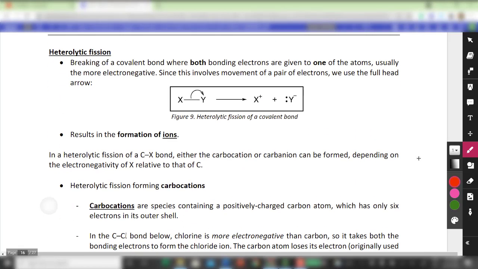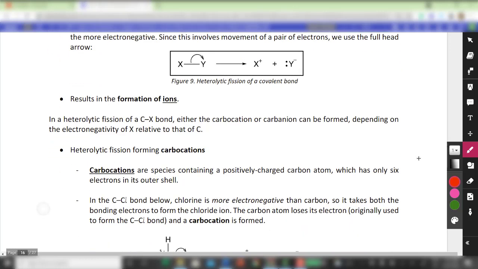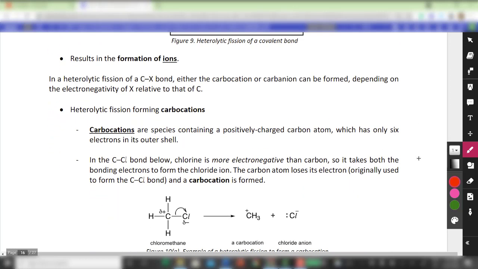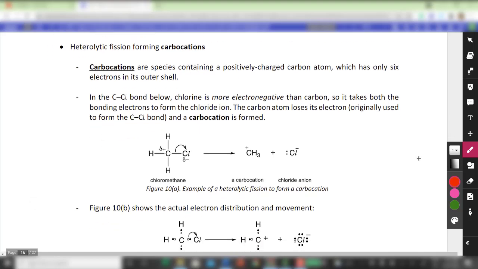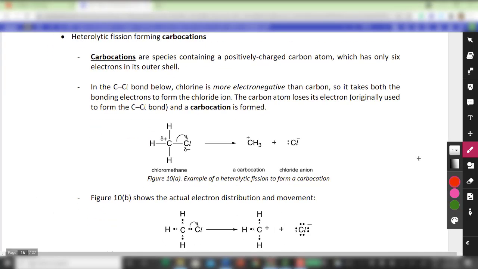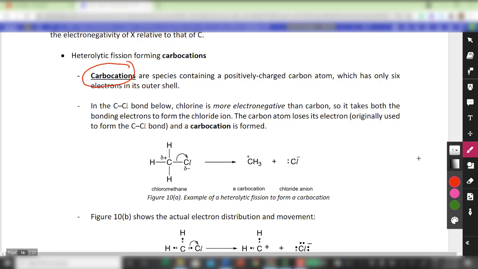Okay, and then heterolytic fission here means that one of the atoms will take both the electrons. So in this case, it is usually the more electronegative element. So you will form a cation and an anion. Normally this is how carbocations are formed. So what exactly is a carbocation? Carbo, as the name implies, is a carbon-based cation.